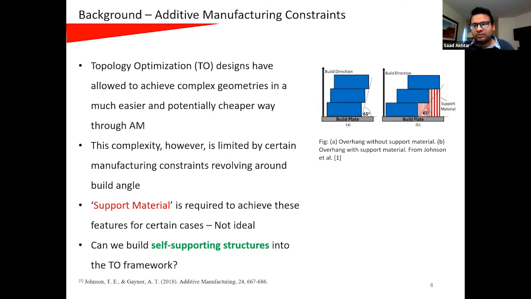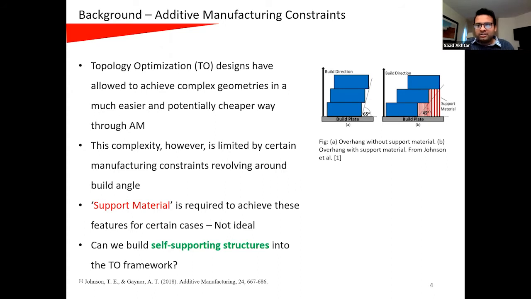Almost always, the traditional approach to prevent that is to use some sort of support material. You need to support those overhanging regions, and then you remove that support material, which is not really a feature of the part you're trying to manufacture, later on through post-processing or melting.